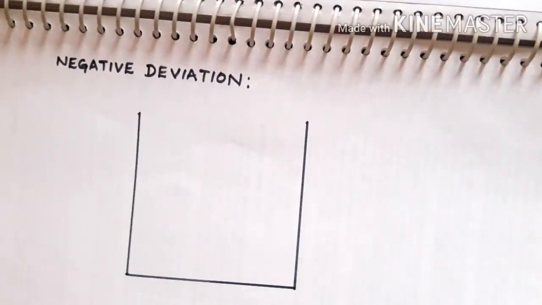We shall now just try briefing the solutions which show negative deviation from Raoult's law.